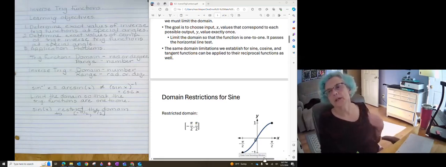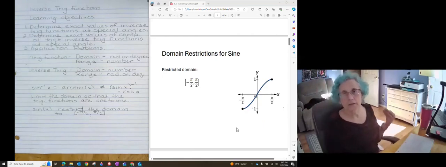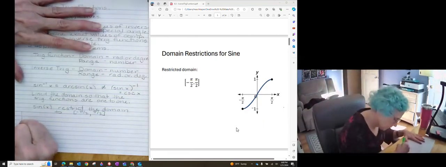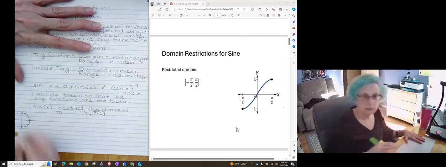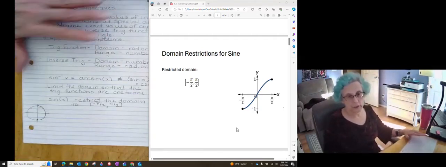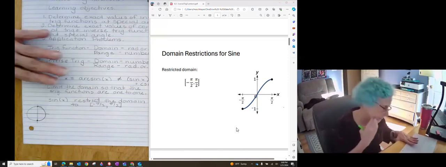So, for sine, we restrict the domain to negative pi over 2 to pi over 2. Again, if you're looking at your unit circle, it's the right-hand side of the unit circle, negative pi over 2 to pi over 2.